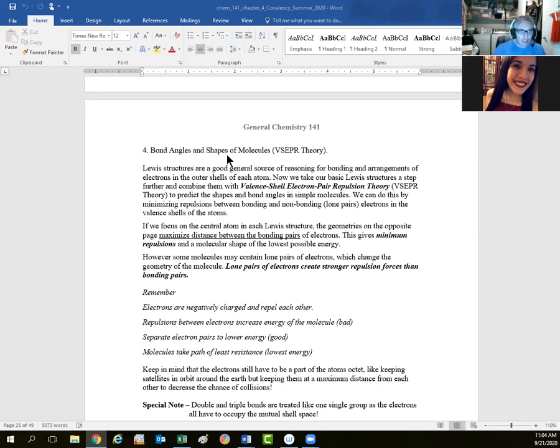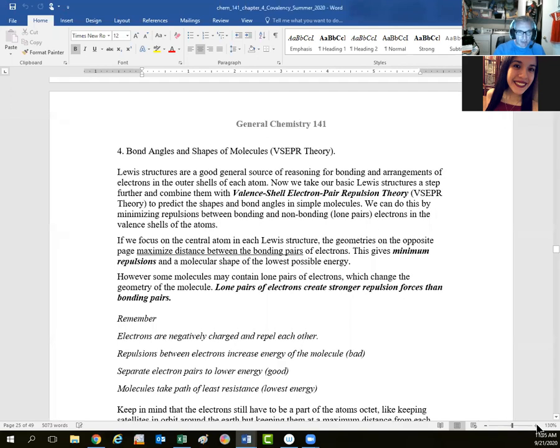So let's take a look at chapter 4, continued. Now we want to talk about the shape of molecules. Each central atom, of course, is surrounded by electrons to make up its octet. And that octet of electrons, whether it's lone pairs or bonding pairs, are made up of these negatively charged electron pairs, which don't like each other.